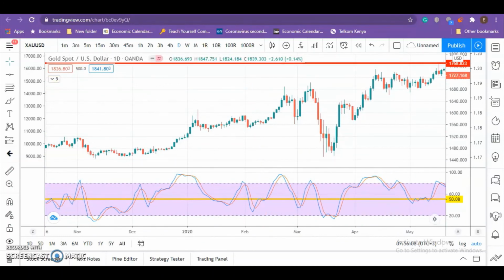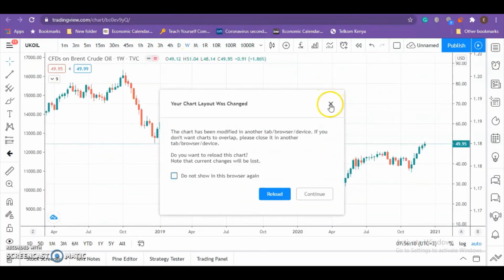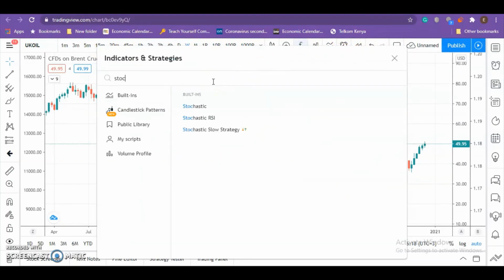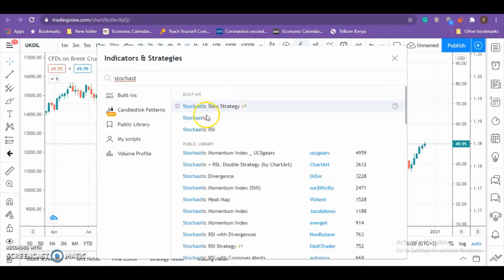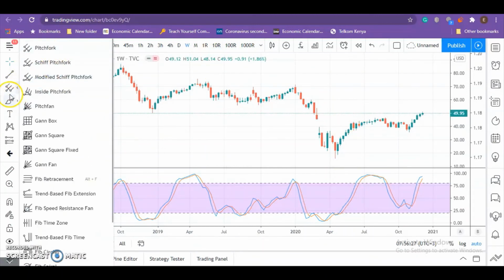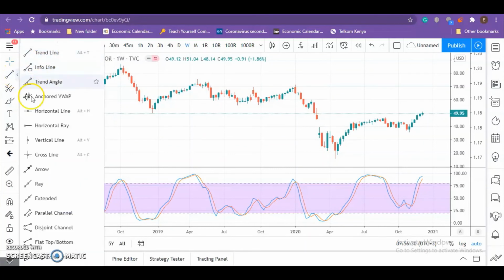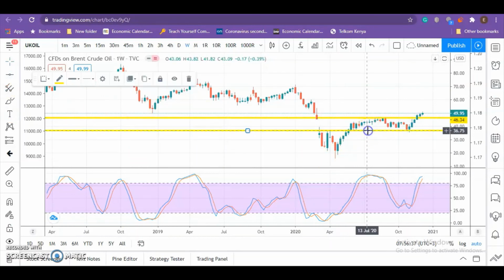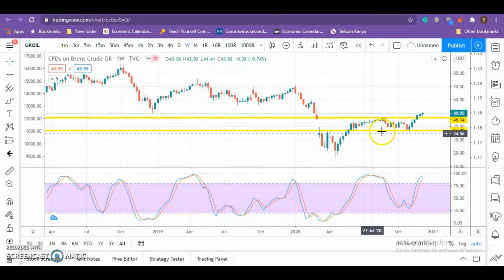So I would like us to look at oil now. It's the same procedure, oil with stochastic. Let's put oil, it's not performing right now because there is not that much demand for oil. It actually goes with supply and demand.